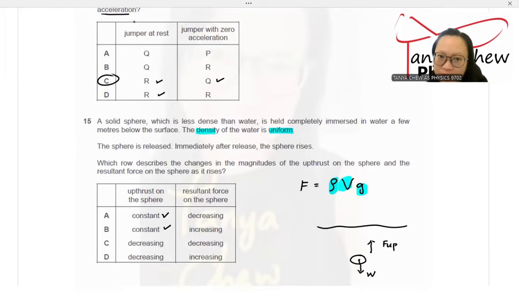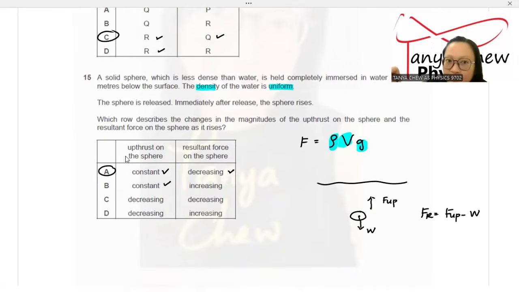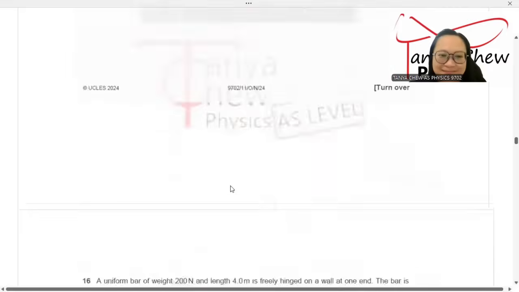When the sphere is rising up, keep on rising up, what happens to the resultant force? The resultant force is equal to upthrust minus the weight. So since you minus something, the resultant force is actually decreasing. A is the answer. When you deduct something, don't you think you get lesser? That is what I meant by decreasing.